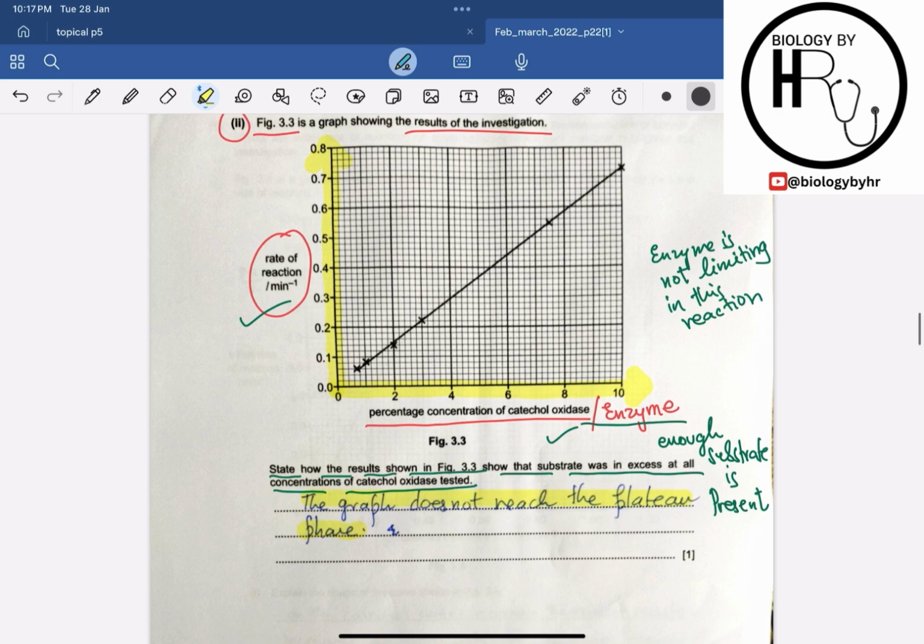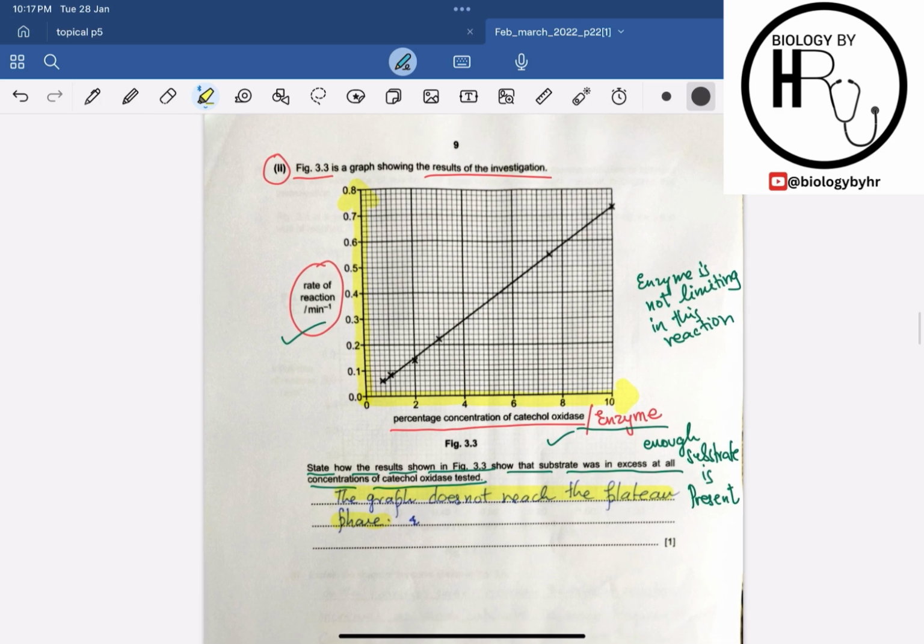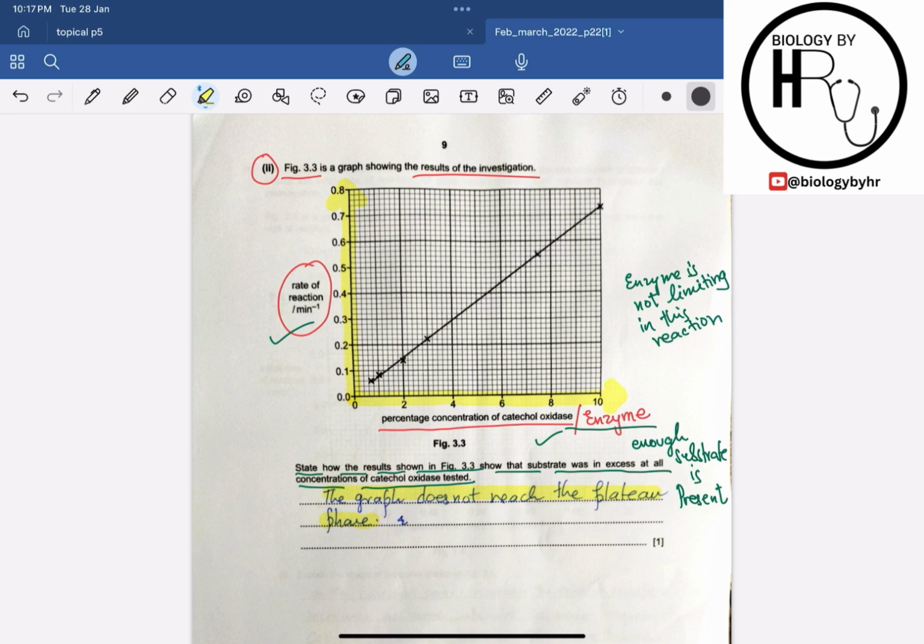If it would have reached the plateau phase, it would have indicated that the enzyme is not the limiting factor, but some other factor is limiting. For example, the substrate concentration is limiting, right?